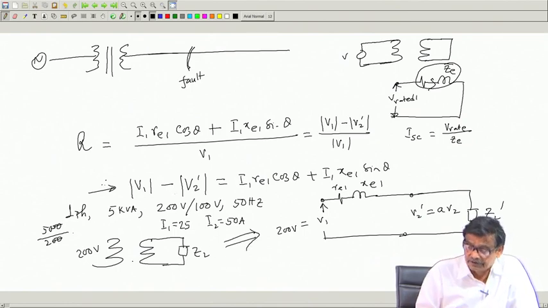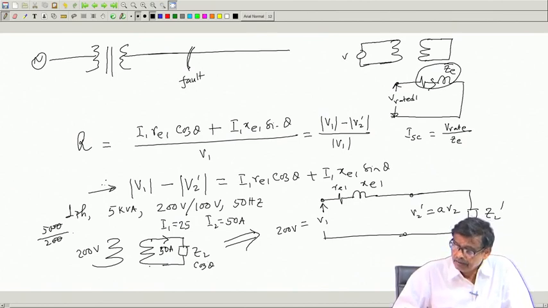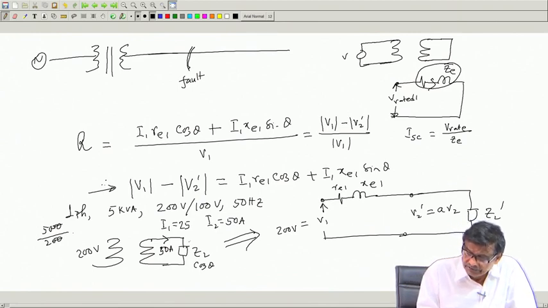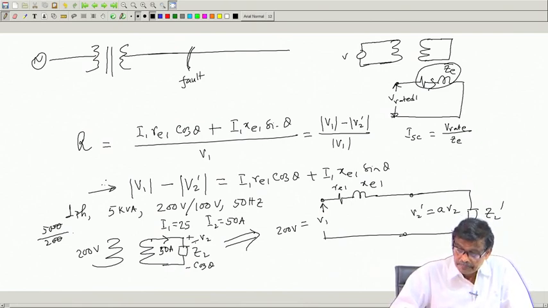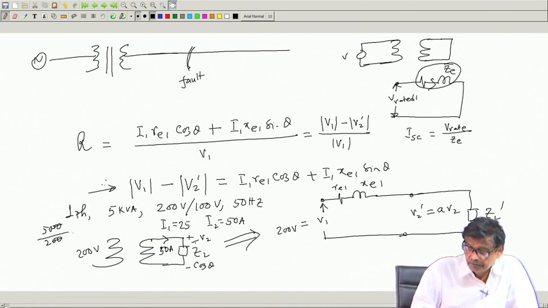Now, suppose the transformer is delivering 50 ampere, rated current, at some known power factor angle cosine theta. If I simply ask you, what will this terminal voltage V2 be with the load connected?